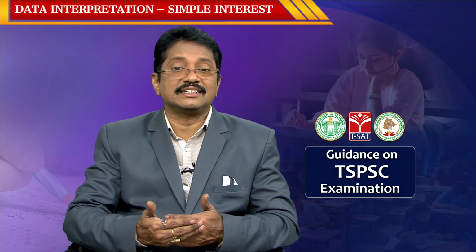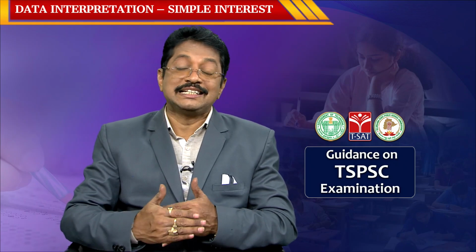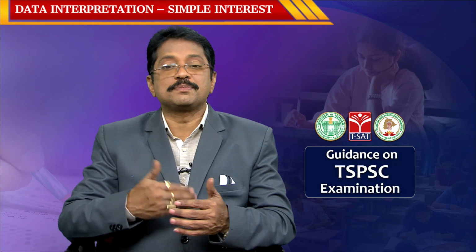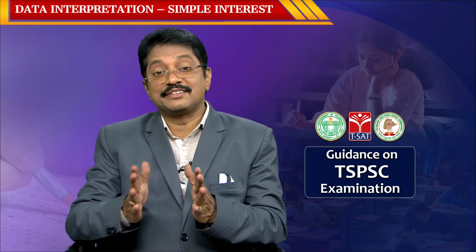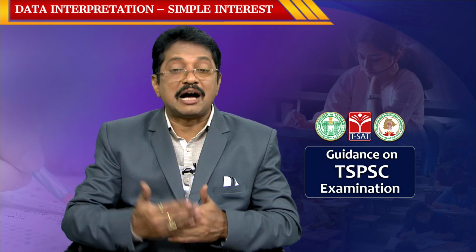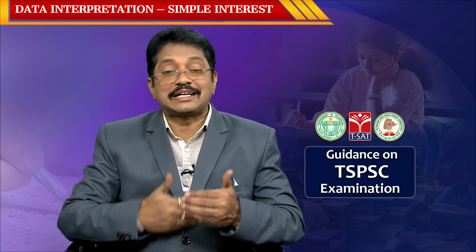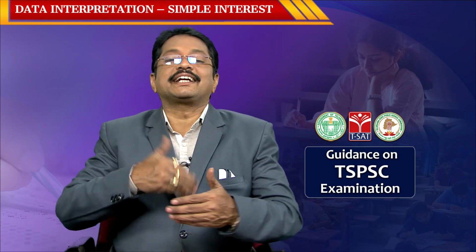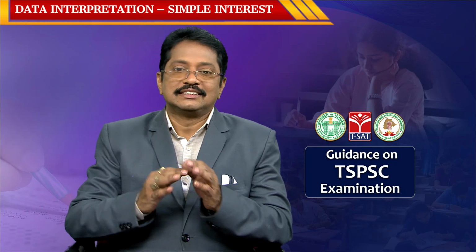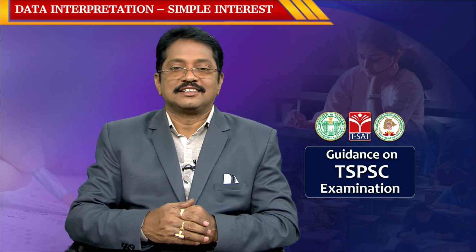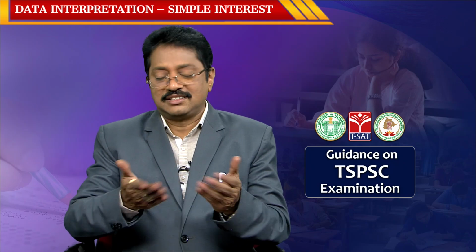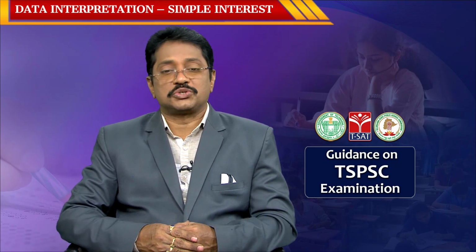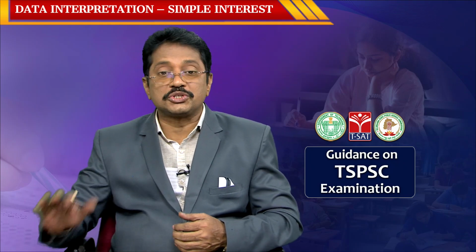For the second year, including interest, the principal amount becomes the new principal. Do you understand the difference here? In compound interest, we calculate interest on interest. Interest on interest, that is compound. Now, after understanding this, it is easy to do the questions. Okay, we will see the questions now.